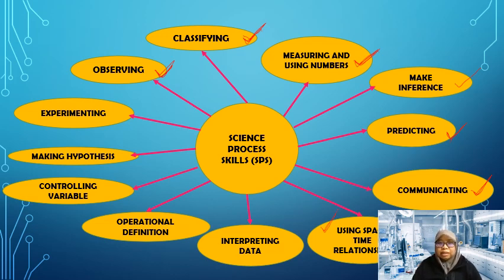Then interpreting data. Okay. Next is operational definition. Okay. Next is controlling variables, making hypothesis, where we make an initial expectation for the science event. Okay, and the last one that consists of most of the science process skills is experimenting.